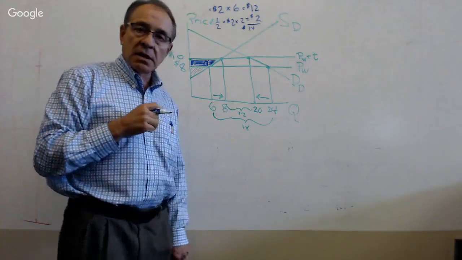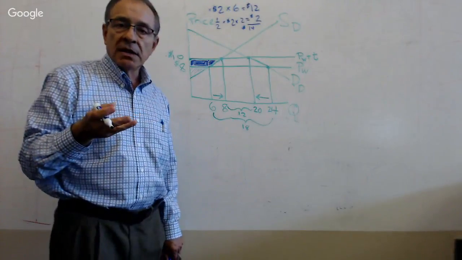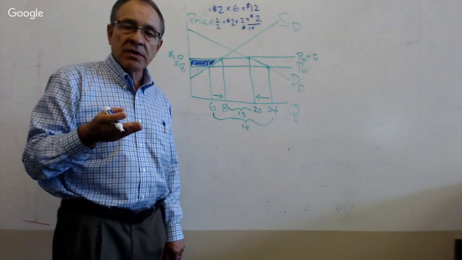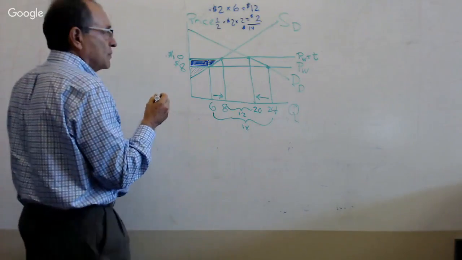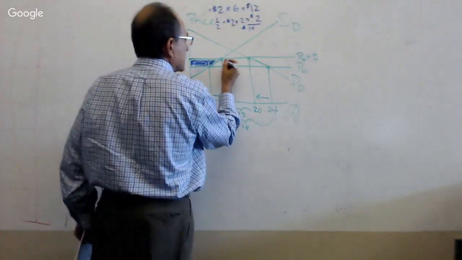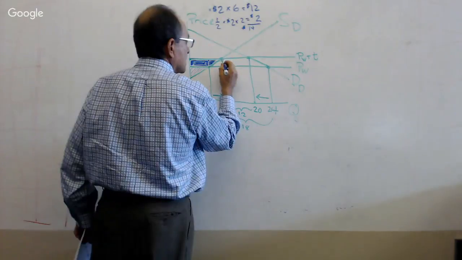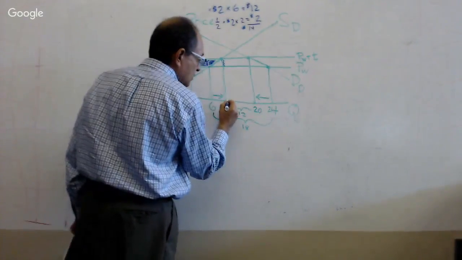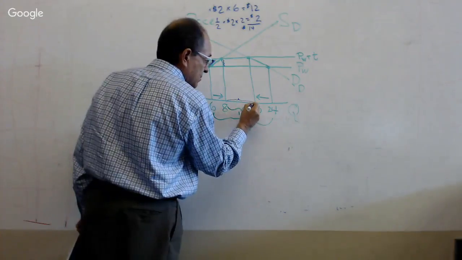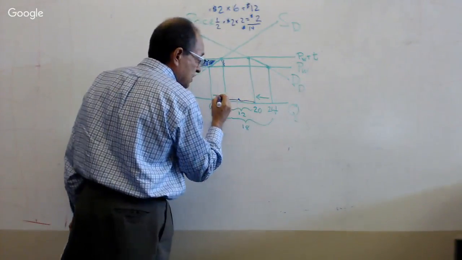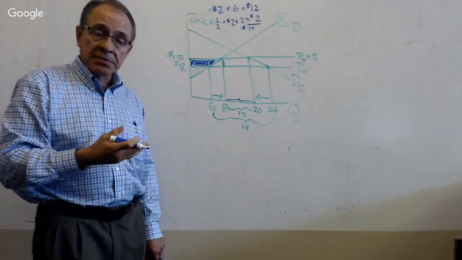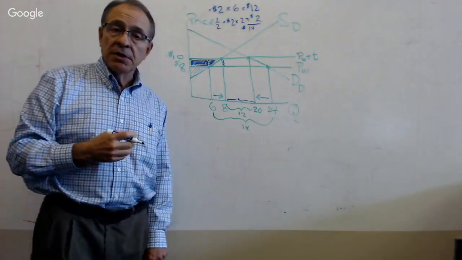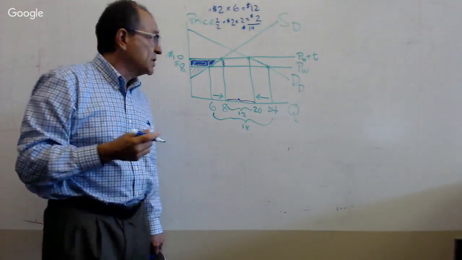What about the government? What happens to government revenue? Well, government revenue is the $2 tariff applied to the 12 units that are imported. So $2 times the 12 units that are imported is $24.